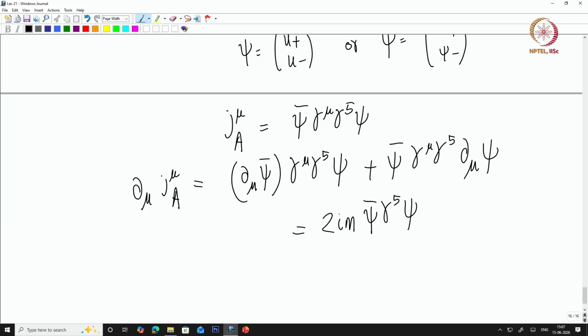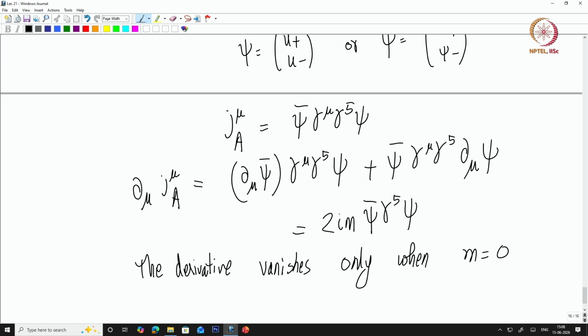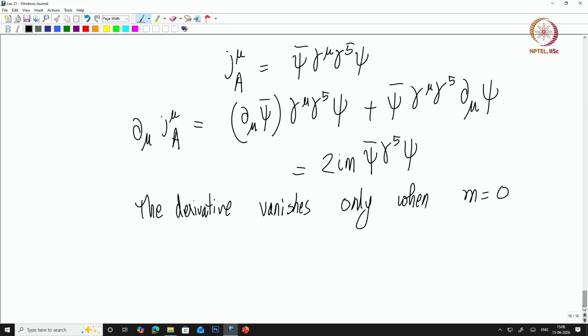Now, the derivative vanishes only when m is equal to 0. When m is equal to 0, the derivative vanishes, and that is how you can conserve the axial vector current. Otherwise, the axial vector current is not conserved. These things are important essentially.